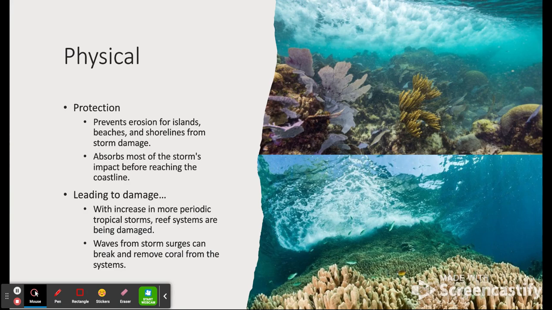But of course, this leads to damage, and there's also an increase in more frequent and more destructive tropical storms, and reef systems are being damaged from that. And waves from storm surges can break and remove coral from those systems.